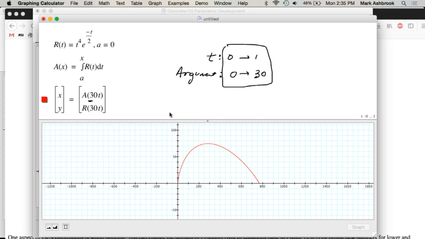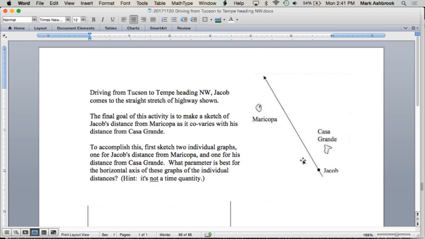Okay, so let's see how we're doing this. So I think most of us got that we want to use his distance traveled along the highway, or distance from his starting point along the highway. But if you just quickly sketch those graphs, you really don't know what is equivalent in order to make the third graph. So what I suggest is, let's mark off some mile markers.